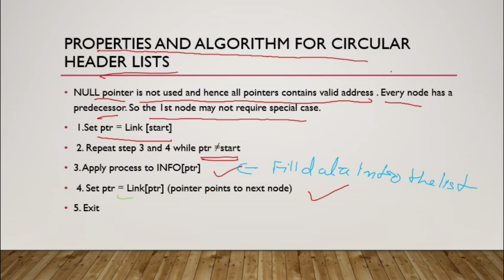And step 4 is set pointer is equal to link of pointer. This is to progress in the list. You need to do that till pointer is equal to start. Once you are done, you need to exit. So that is about the algorithmic part of the circular header list.